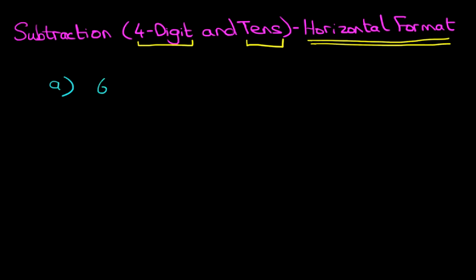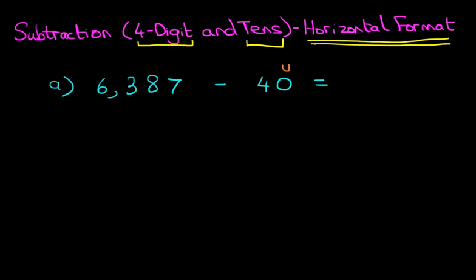What is 6,387 minus 40? So 6,387 minus 40. Now if we have a look at the number 40, just label the columns on the right.